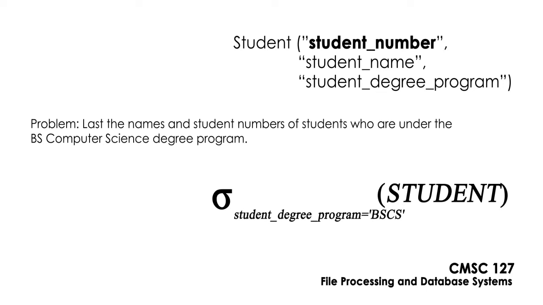Now, at this point, you are sure that the resulting table will contain only students under the BS Computer Science degree program. And from there, all you have to do is to project the student numbers and the names of those students. So it means that it's possible for you to provide nesting of operations in relational algebra.